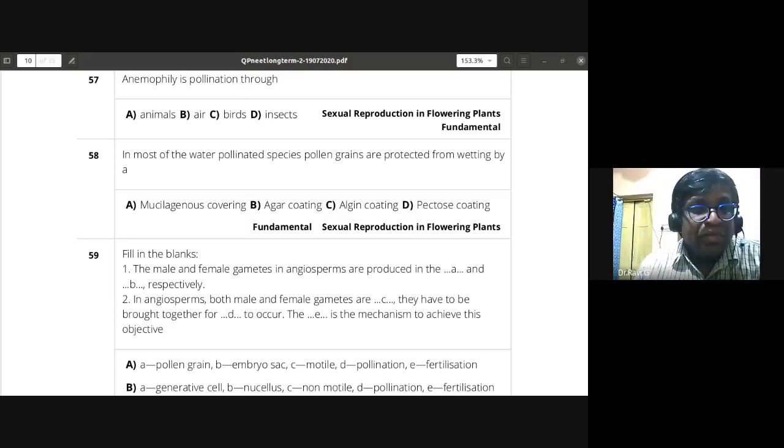58th, mucilaginous covering. Fill in the blanks. The male and female gametes in angiosperms are produced in the A and B respectively.